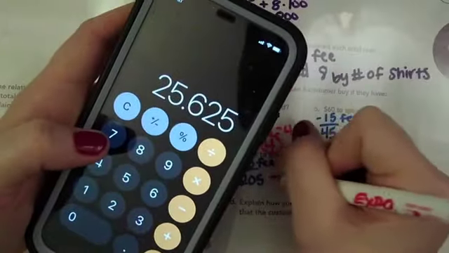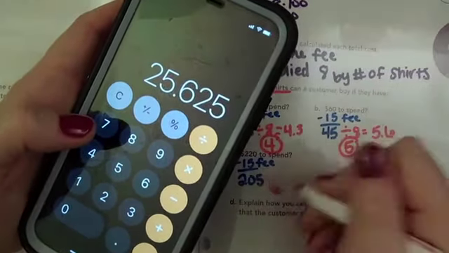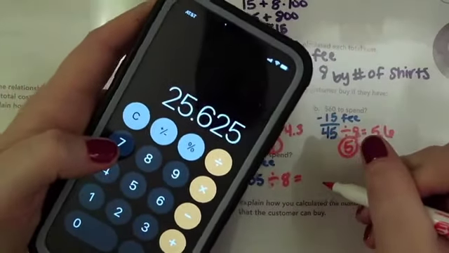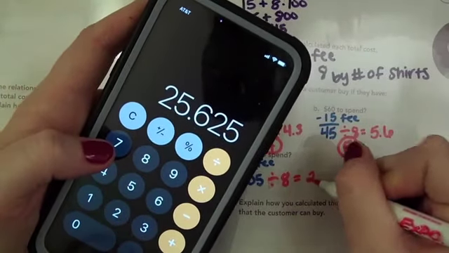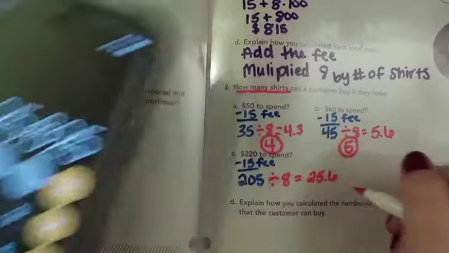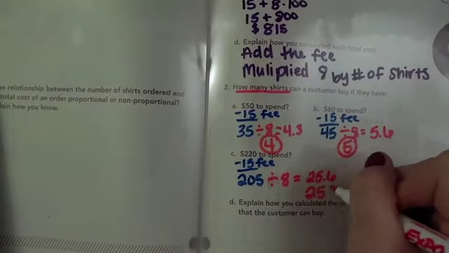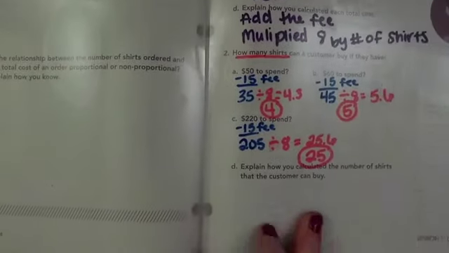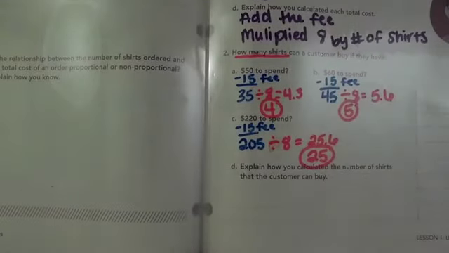Okay, let's look at the next one. 205 divided by 8. I forgot to write what we were doing. Divide by 8 gives us 25.6. Well, we still can't buy a part of a shirt.